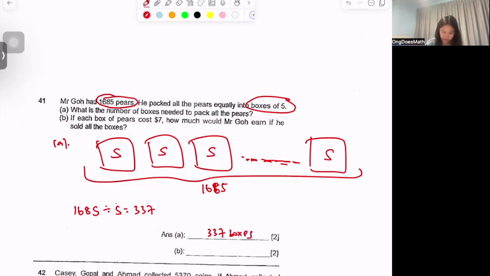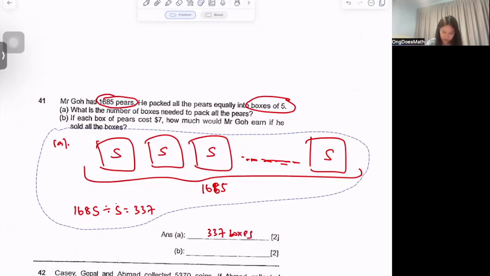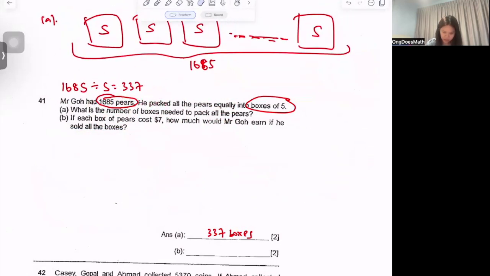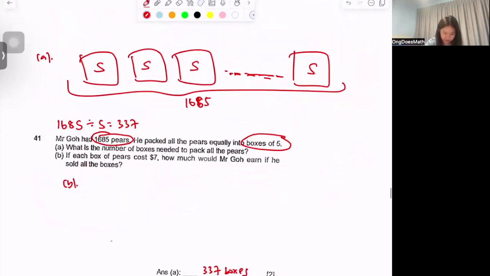Now we'll move on to part B. So we'll shift this away. Okay, part B. If each box costs you $7, so this box costs you $7. This box costs you $7. This box costs you $7. How much money would Mr. Goh earn? So one box, he can earn $7.